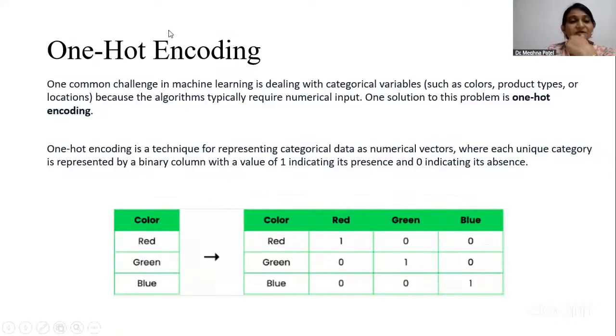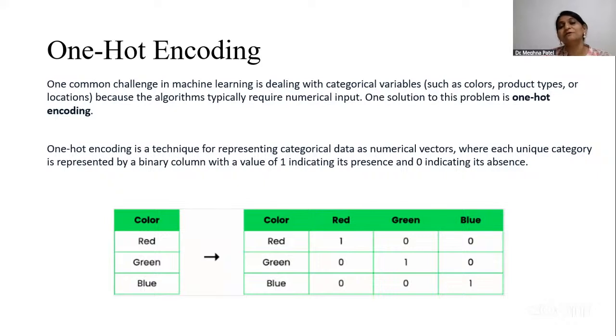One common challenge in machine learning is dealing with categorical variables such as colors, product types, or location, because algorithms typically require numerical input. One solution is one hot encoding. Machine learning algorithms only understand numerical data. Now what happens if we have categorical data?